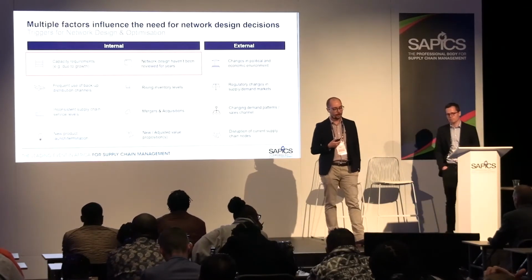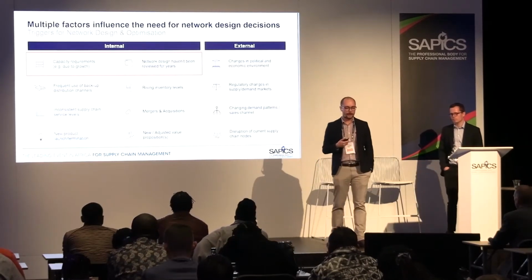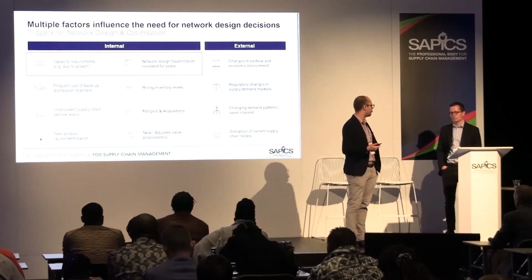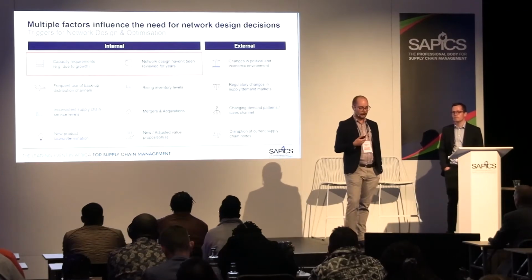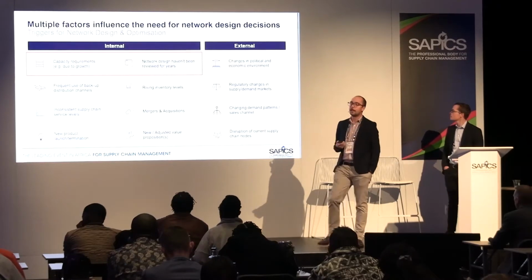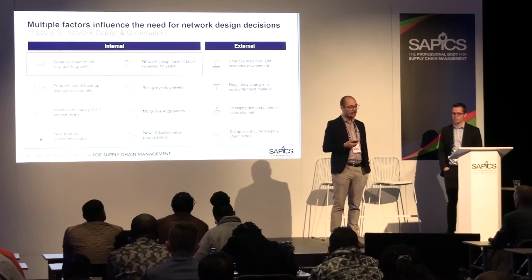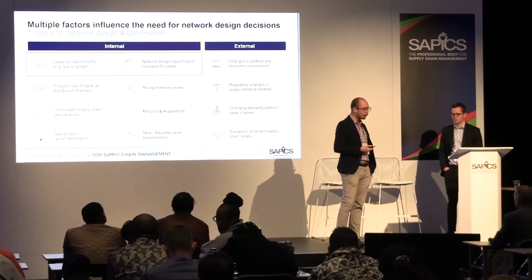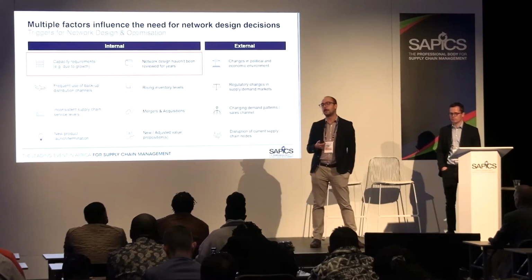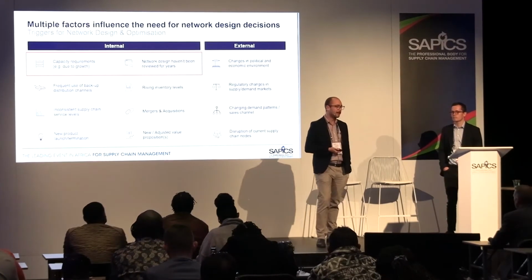And then new product launches and terminations. On the external side, changes in political and economic environment. I think I've touched on this before. Economically, things aren't going great, and you might have to right-size your network to accommodate for those changes in the economic environment. Regulatory changes in supply or demand. I think a good example of this is the automotive industry that's moving towards electric vehicles.